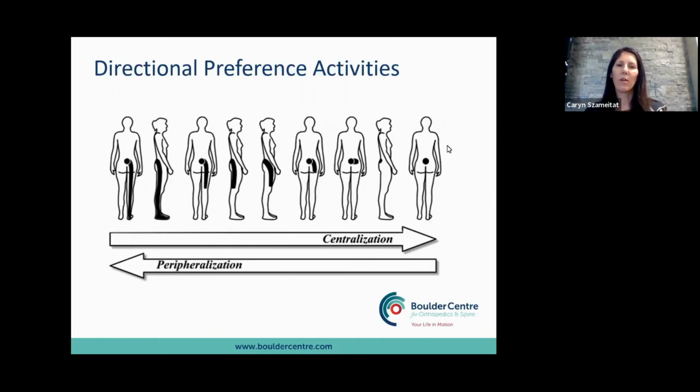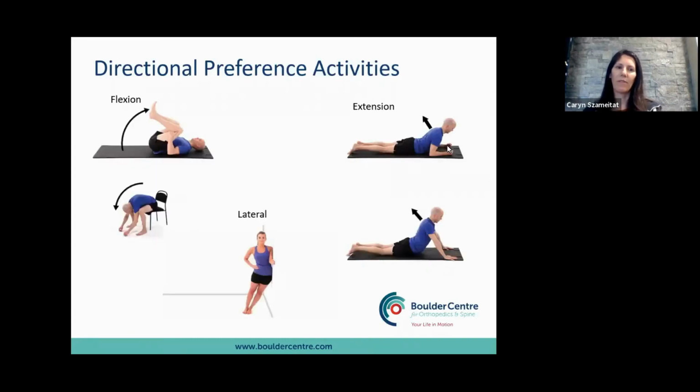And when that therapist does that, if you have this experience of centralization, where the symptoms move up the leg, out of the leg, they are probably going to prescribe some of those activities for you for home. Okay. Here are some examples of those. You can see we've got movements that bring you into flexion, movements that go into extension, and also into a lateral glide.